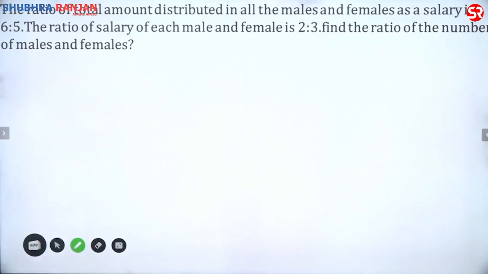Hey, get in quick. The ratio of total amount distributed in all the males and all the females as salary is 6:5. Ratio of salary of each male and female is 3:5.